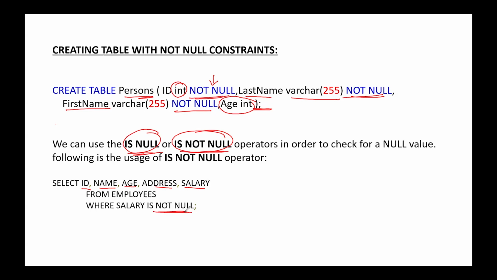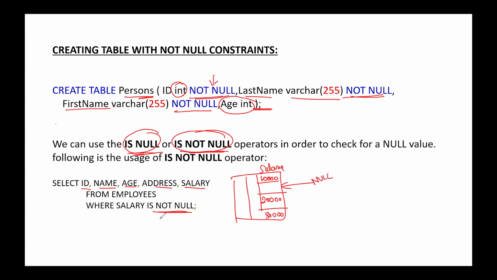So whenever I put this, suppose in my table I have a salary column and I have entered some values here, 10,000, I have left one blank, then I put 20,000, then I put 30,000. In this case, the blank one is nothing but null, isn't it?